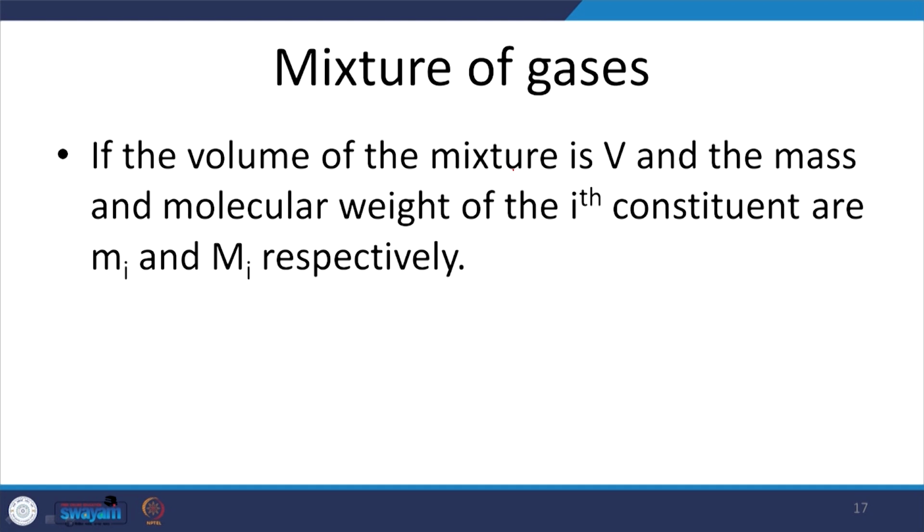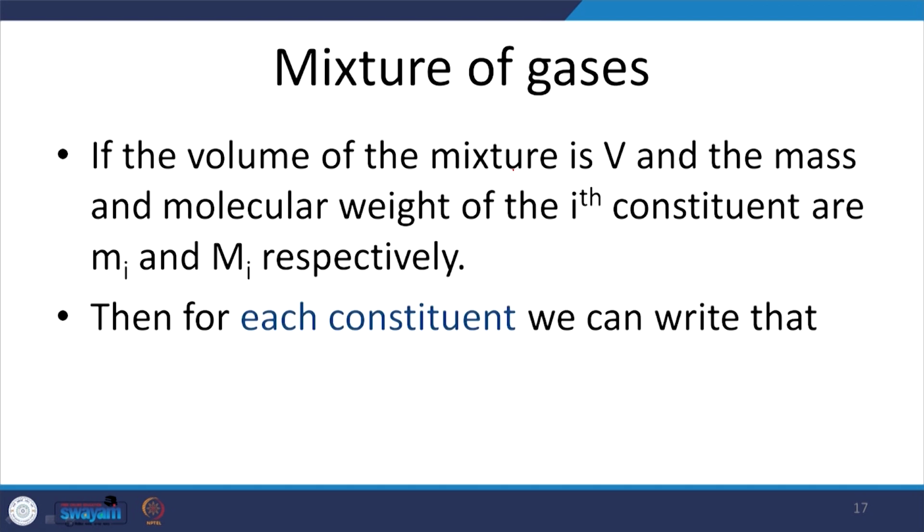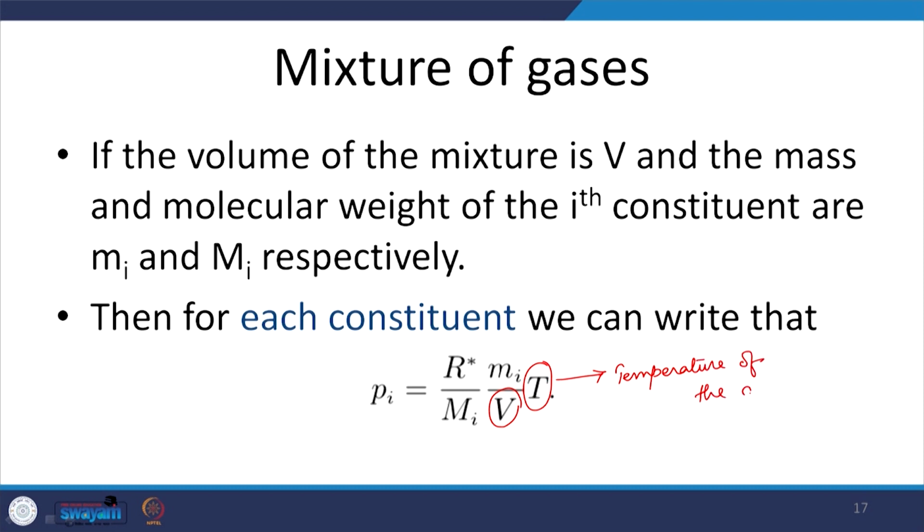Then for each constituent we can write the equation, where we are not changing V, we are not saying that this gas will occupy only a certain volume, no, it is occupying the entire volume, and this capital T is the temperature of the mixture, you always remember this.